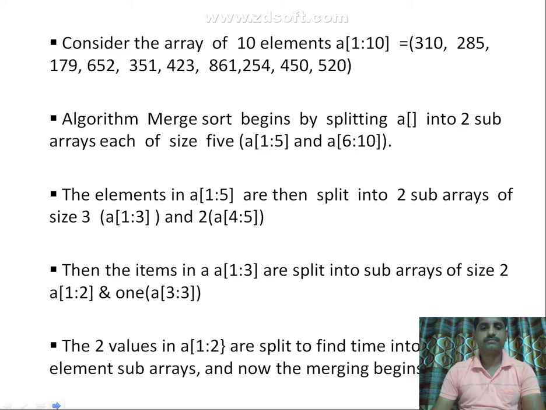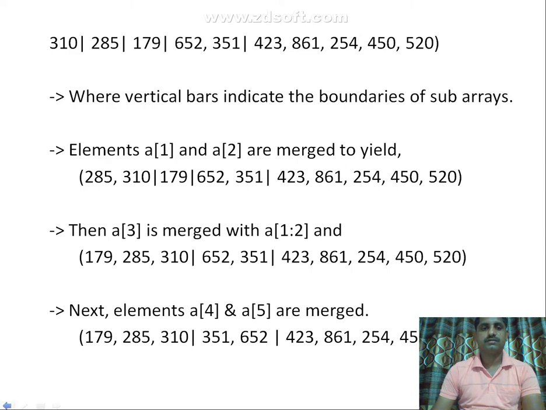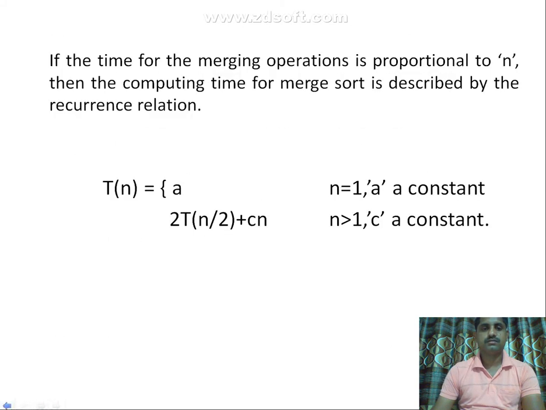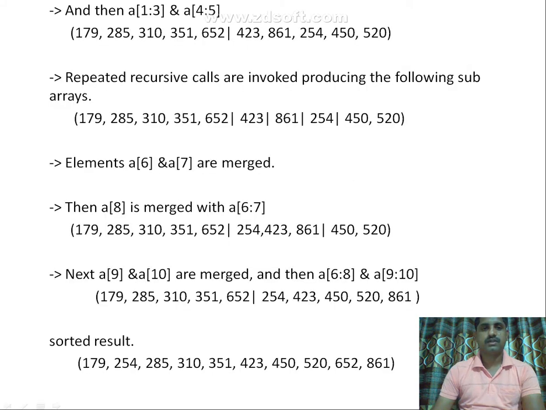Then go for 6, 7 and 8 and 9, 10. Then the sorted result is 179, 254, 285, 310, 351, 423, 450, 520, 652, 861.